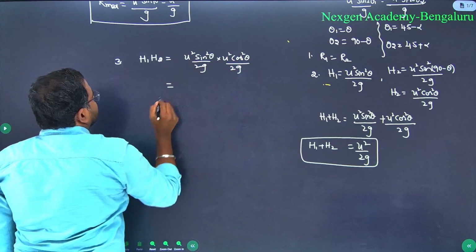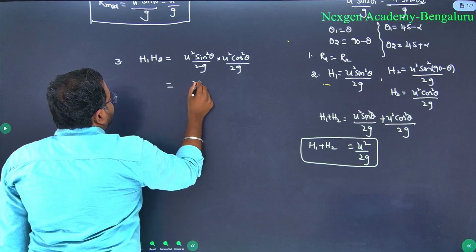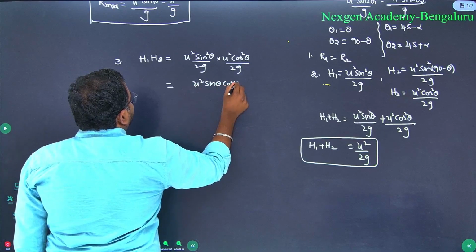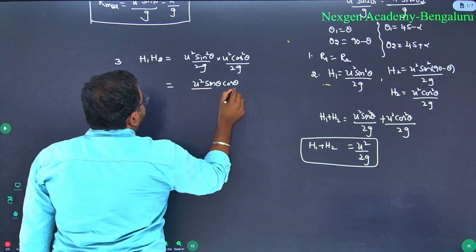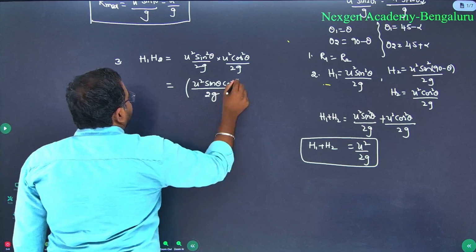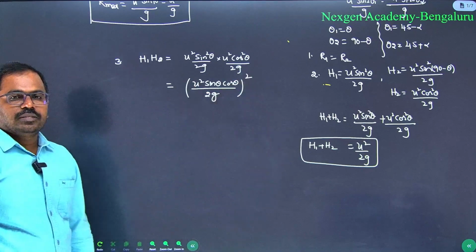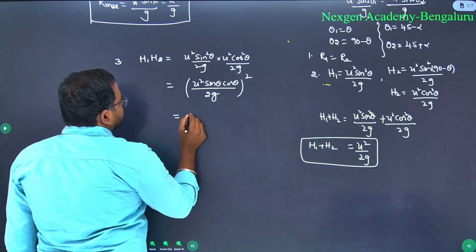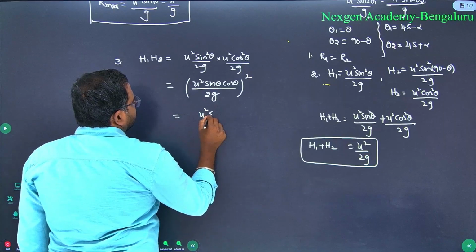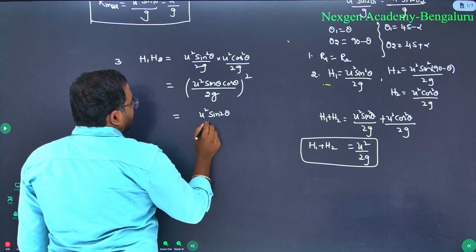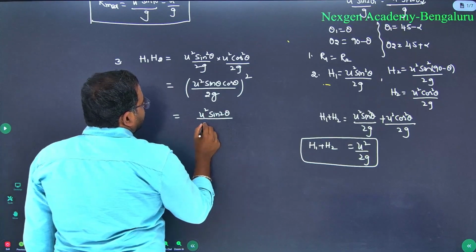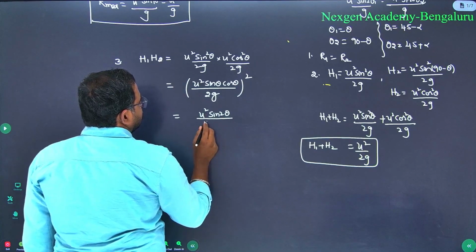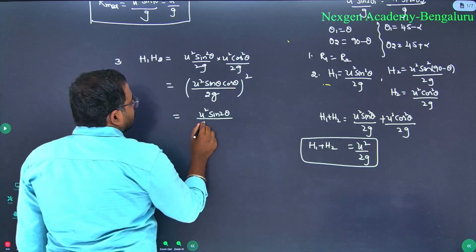You can write this as U square sin theta cos theta by 2g whole square, or you can rewrite this as U square sin 2 theta by 4 into 4, that is 8 into g.